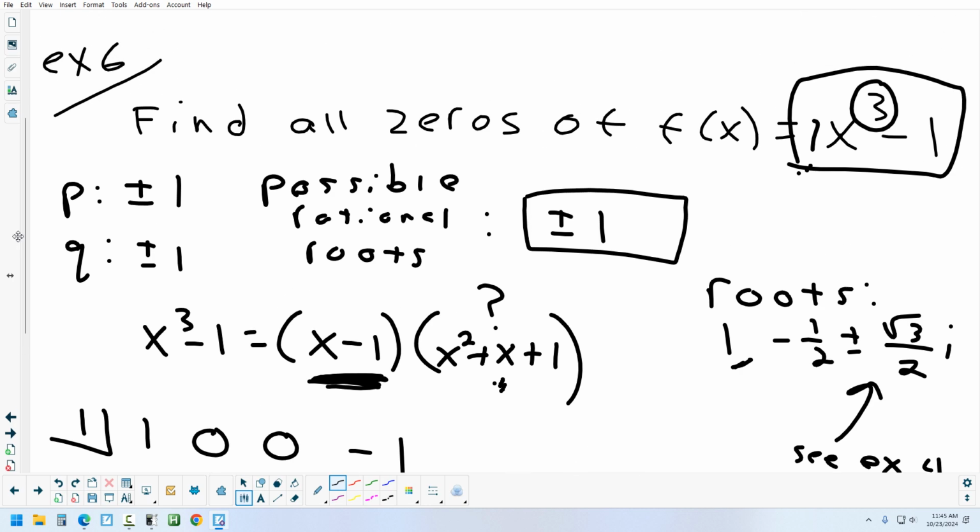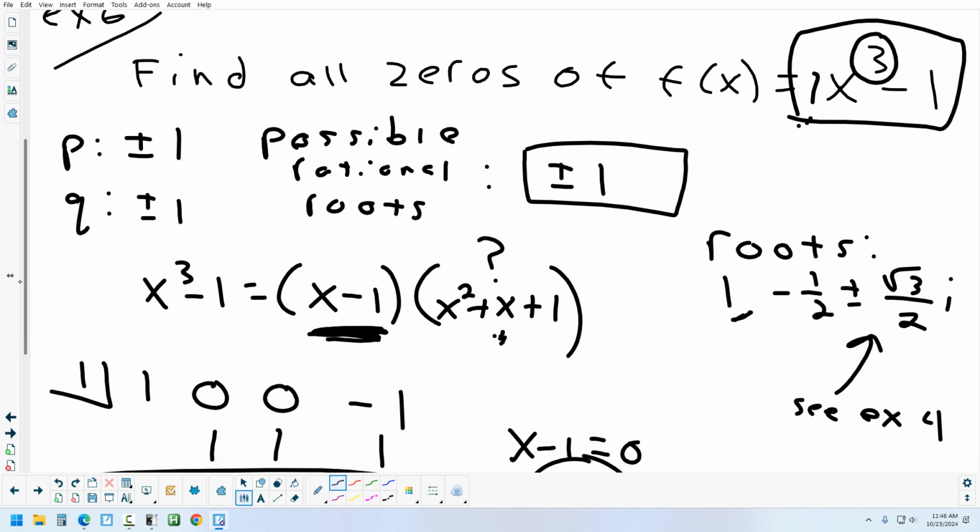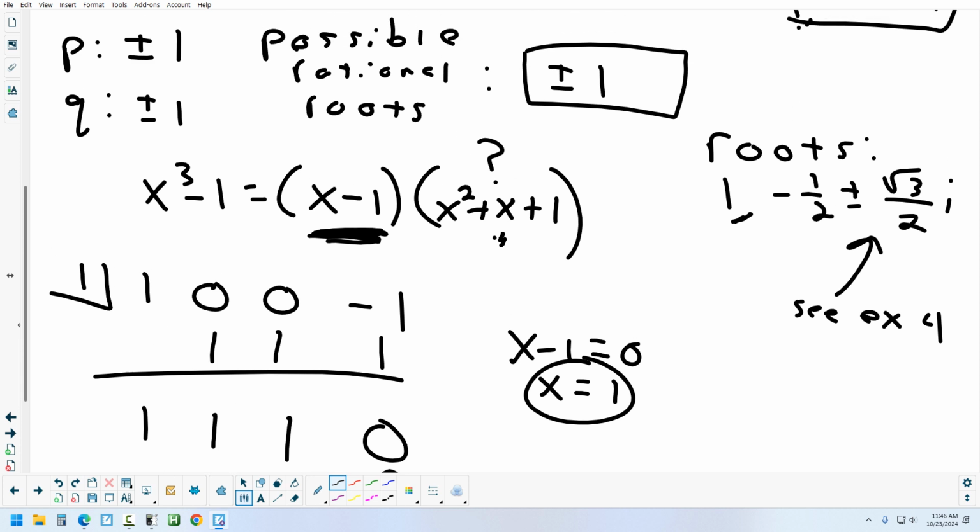So the biggest thing is you have to find a rational root to start the whole problem off. If you couldn't have found one, we would have been stuck, at least with what I've taught you. You wouldn't have been able to solve it. Yes? So it's a plus or minus, not just a plus?